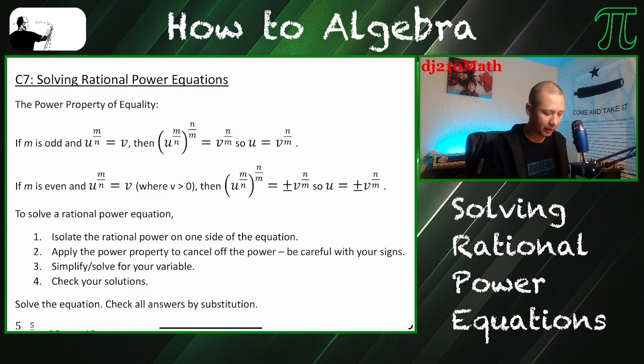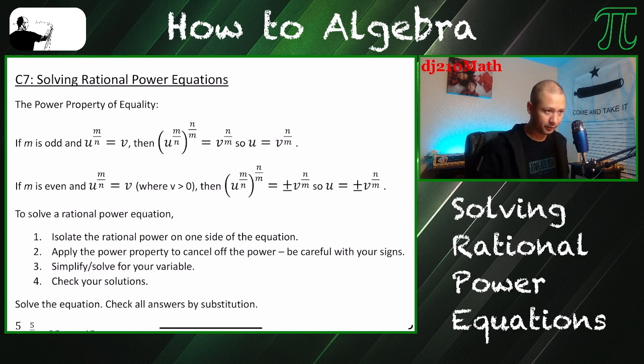And we know that when you introduce the square root to the problem, you have to use plus or minus in front of the square root. That's essentially what's happening. So be on the lookout for the numerator of the exponent, whether it's even or odd. We have two examples here to demonstrate this.